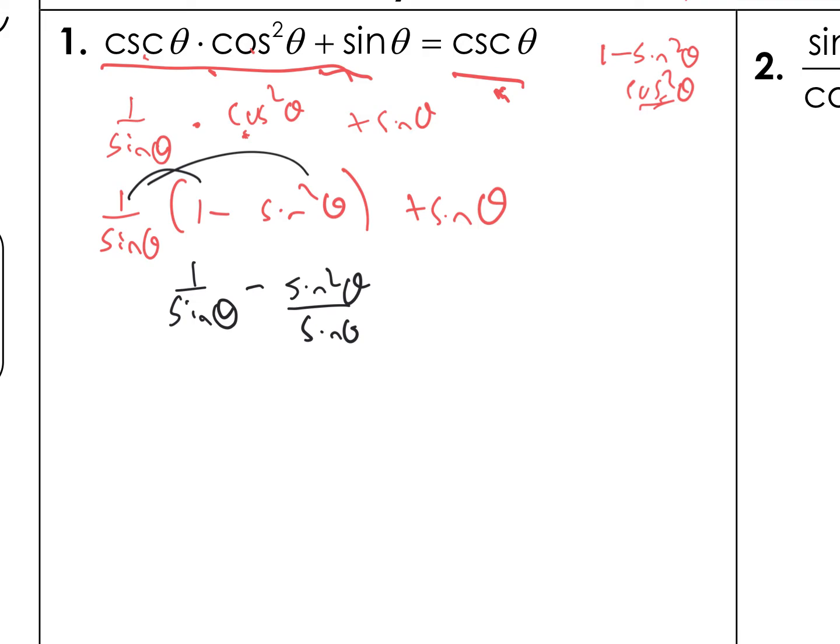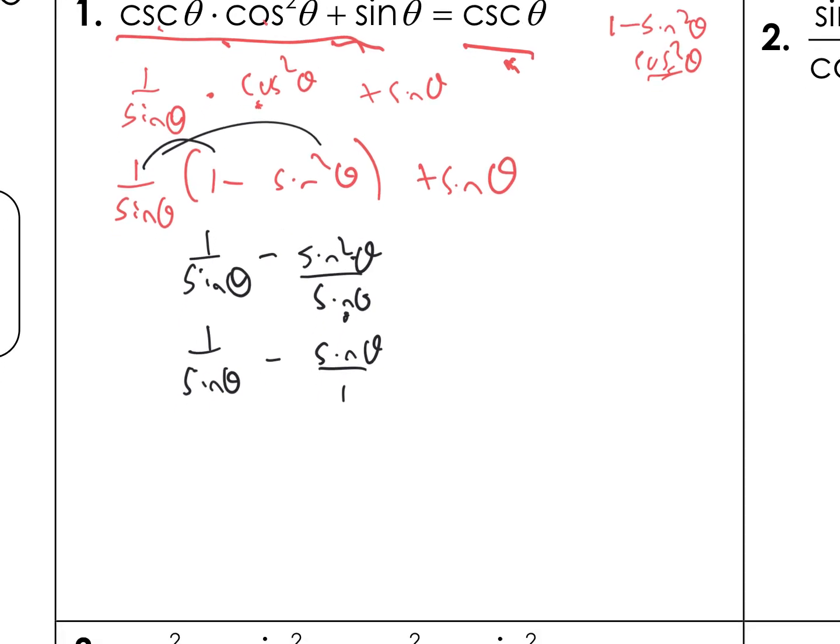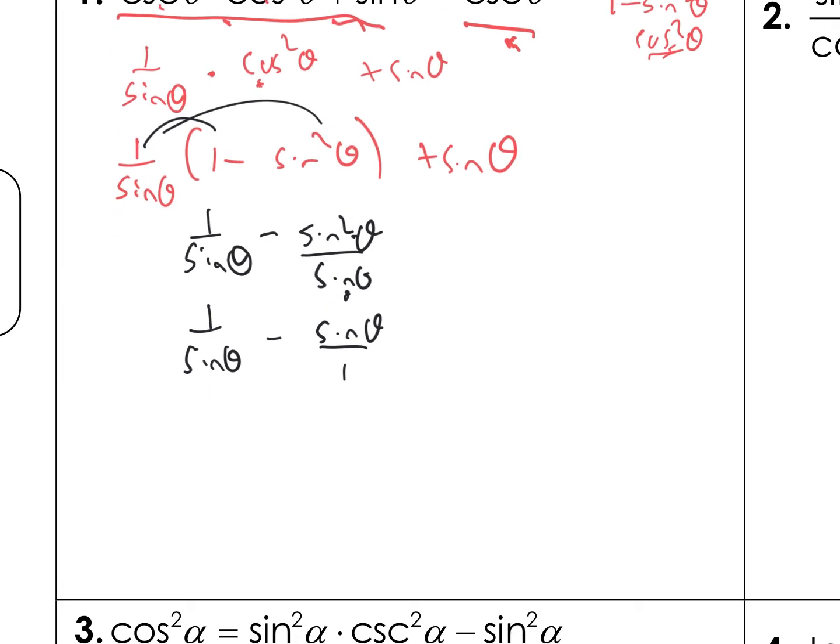What's sine squared theta divided by a sine? Just sine. Yeah, 1 over sine of theta minus sine of theta over 1. I don't even know what's going to work. Oh, I keep forgetting to write down this plus sine of theta. Plus sine of theta.